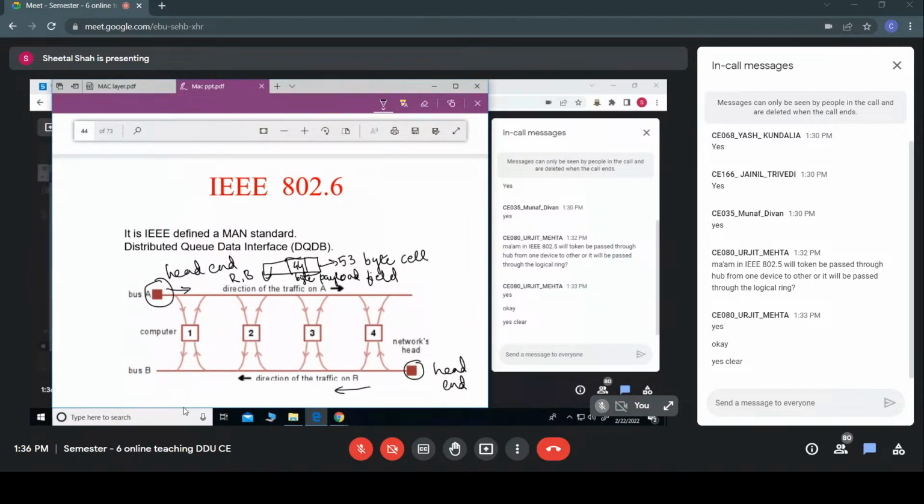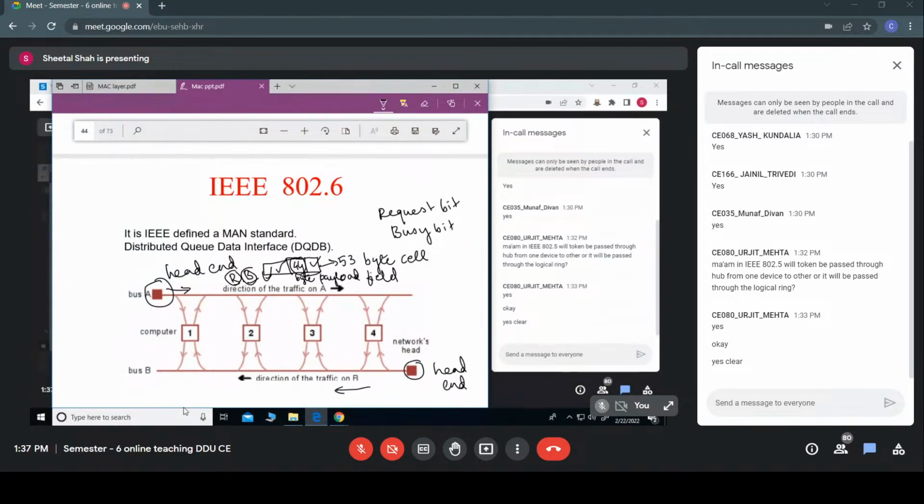Whoever wants to send data can put their data into this 44 byte payload field. Understood? So two more bits are there.